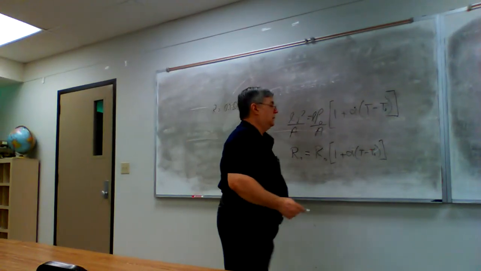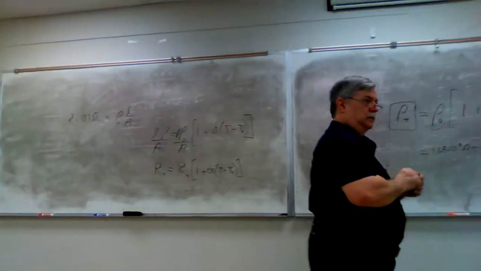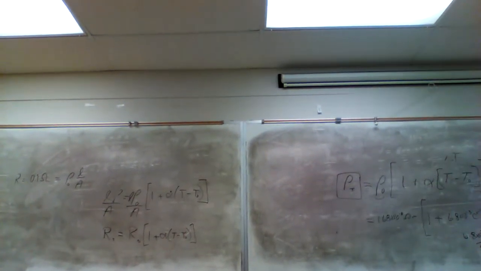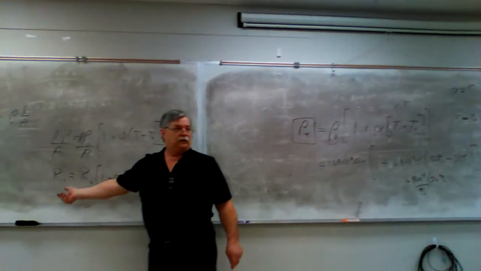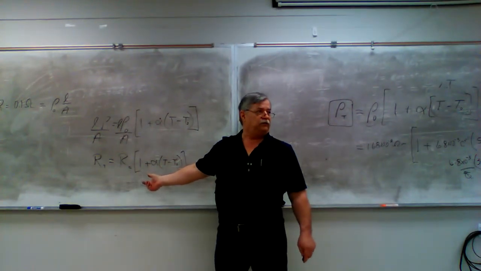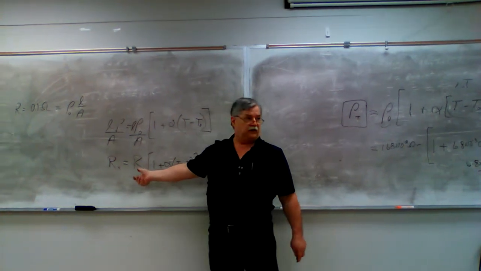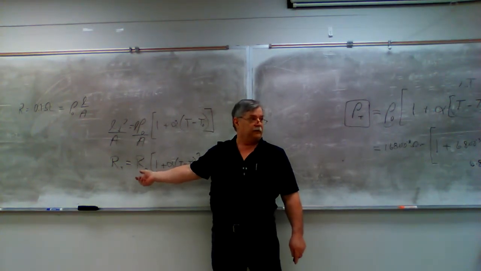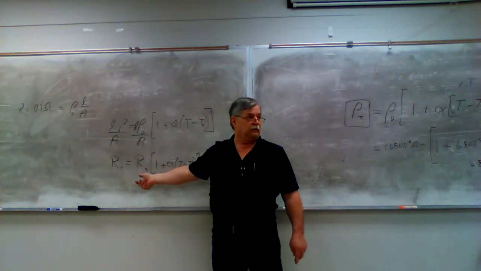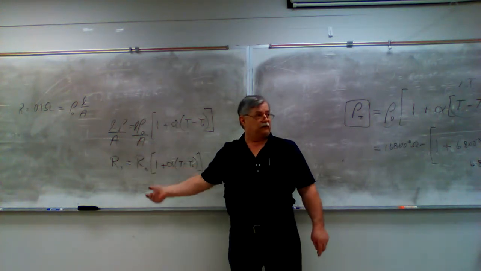So all I'm pointing out to you is that you could work this problem if you were just given the resistance of a wire or a conductor of some kind at temperature instead of the resistivity.